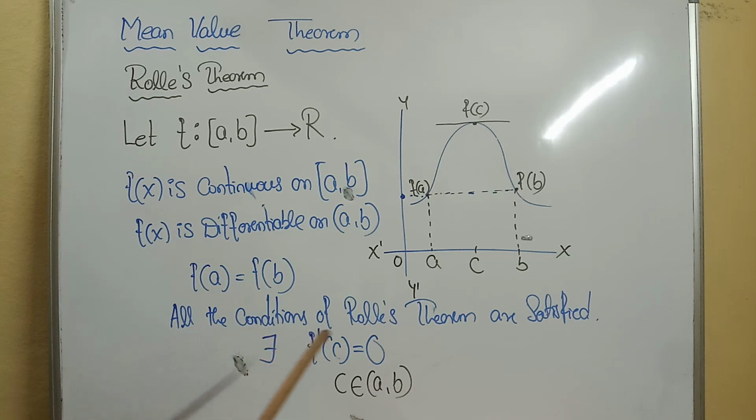Then all the conditions of Rolle's theorem are satisfied, and there exists f dash of c equal to 0, where c belongs to (a, b), meaning c is a point that must lie in the open interval (a, b). Now let's see one example.